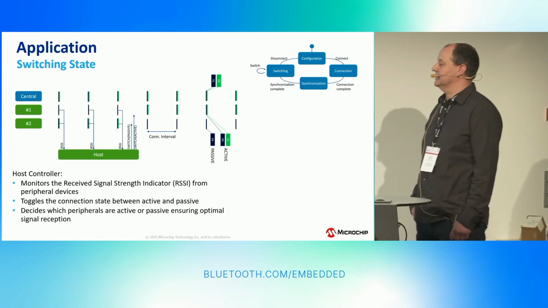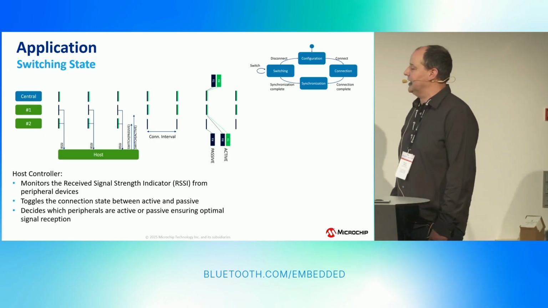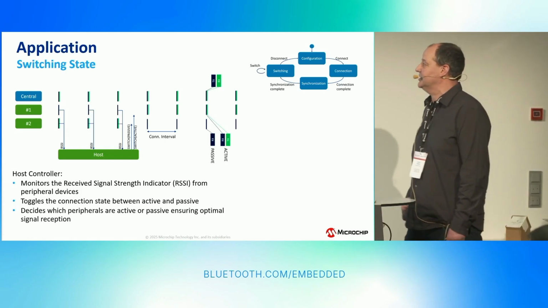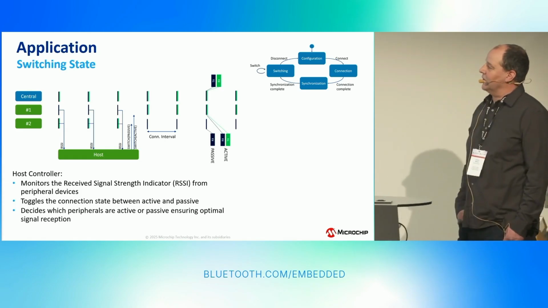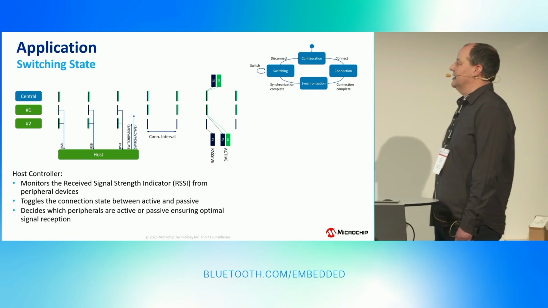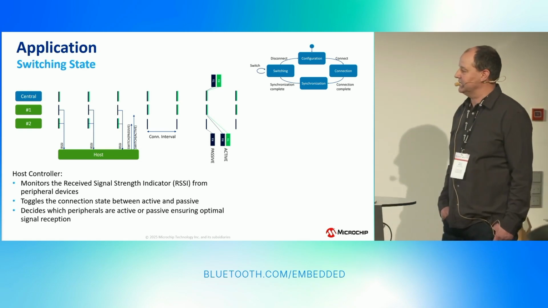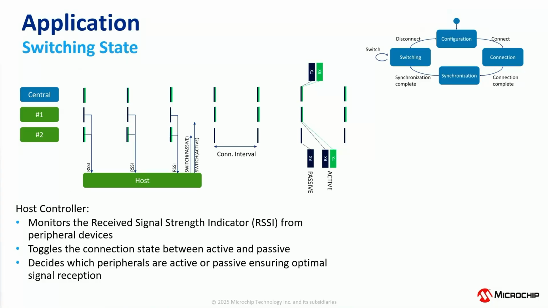He can now decide which one should be active, which has the best connection reception indication, and then he can toggle. Toggle means he has to switch the role of the peripheral device from active to passive and vice versa. This is shown here. We switch the active device to passive and the passive device to active.